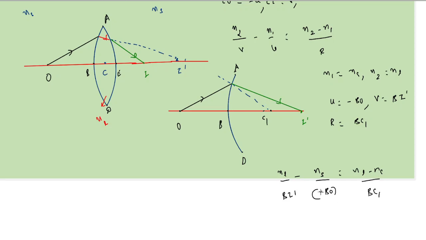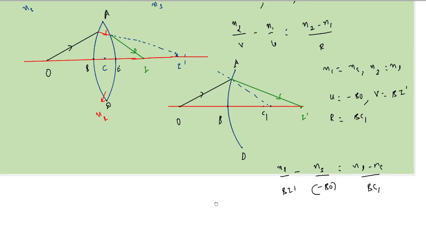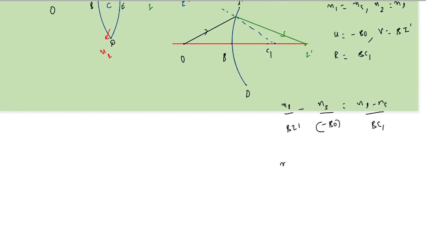If you pull out the minus sign from minus BO, then this would become NL by BI dash plus NS by BO, that is equal to NL minus NS by BC1. Let's call it as equation number 1.